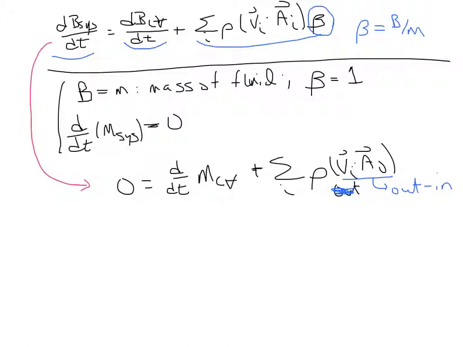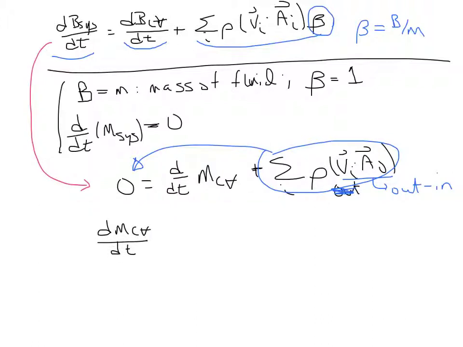If we move this term to the left-hand side, and switch the sides of the equation, we have the form that we usually use the mass conservation in, so that the time rate of change of the mass of the control volume is equal to minus the sum of the fluxes through the control surfaces, which now the inflows are positive and the outflows are negative. So this is now in minus out.